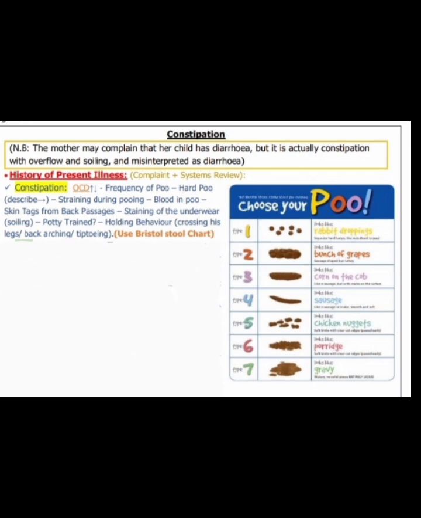Junk food and insufficient water are the most common causes of functional constipation. Social history is very important, like did he start his nursery or school, move to a new place, new school, enjoying the new school, soiling at school and bullying issue. So these are the points we keep in our mind when we take the constipation history.